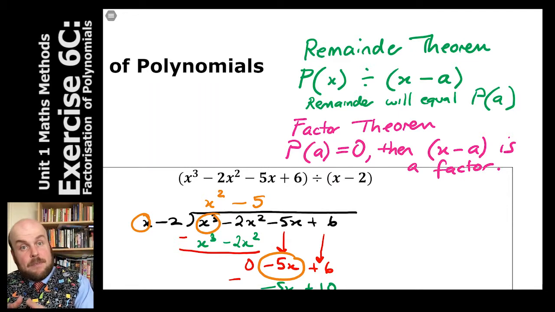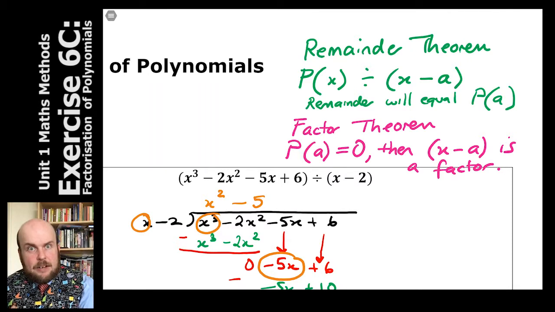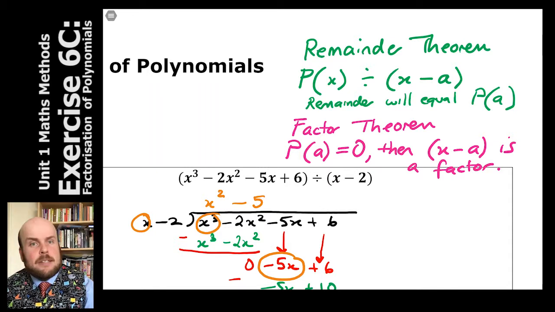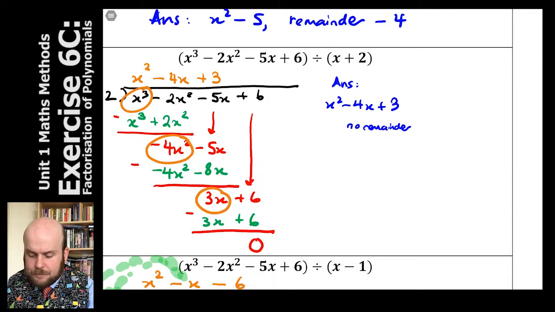So what that means is if I was to divide the polynomial by that particular bracket and I got no remainder, then it would be a factor. In other words, that would be one of the little things I can turn the big polynomial into a set of brackets. Remember how, with quadratics, we wanted to get them into two sets of brackets, or maybe one with a little squared outside. This is the same sort of thing, that we're trying to turn cubics into lovely sets of brackets, or alternatively quartics or any other large polynomial.